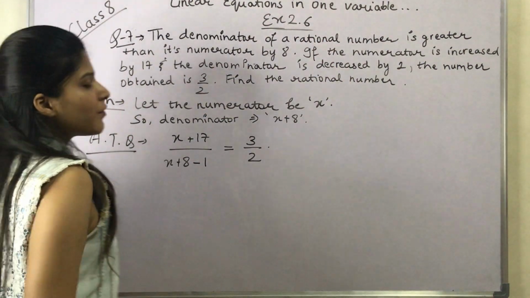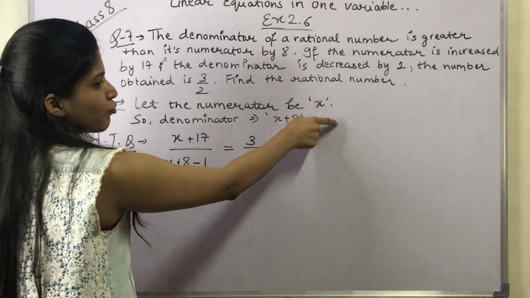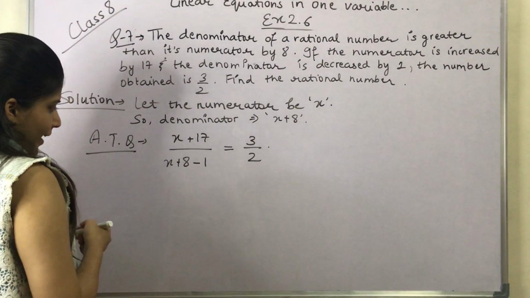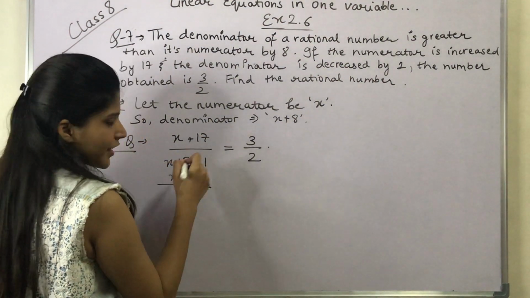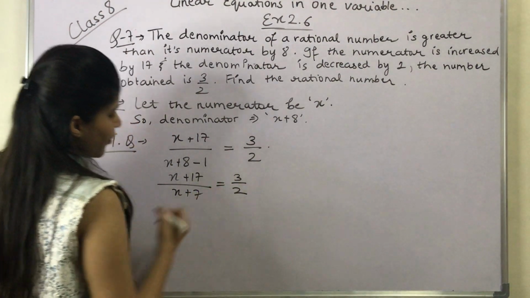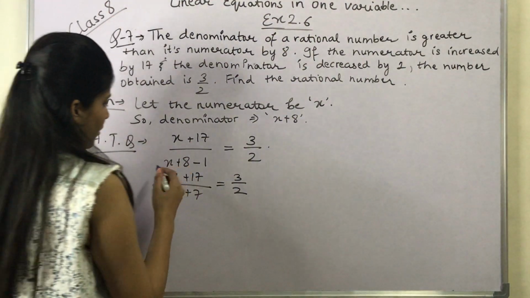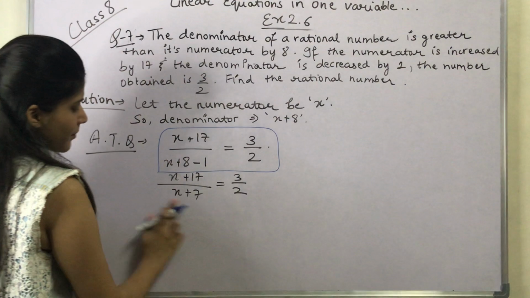It means we have to find the value of x and put that value in these two numbers. So now first we will write x plus 17 upon 8 minus 1 is 7. So x plus 7 equals to 3/2. Okay, so this becomes our equation now.